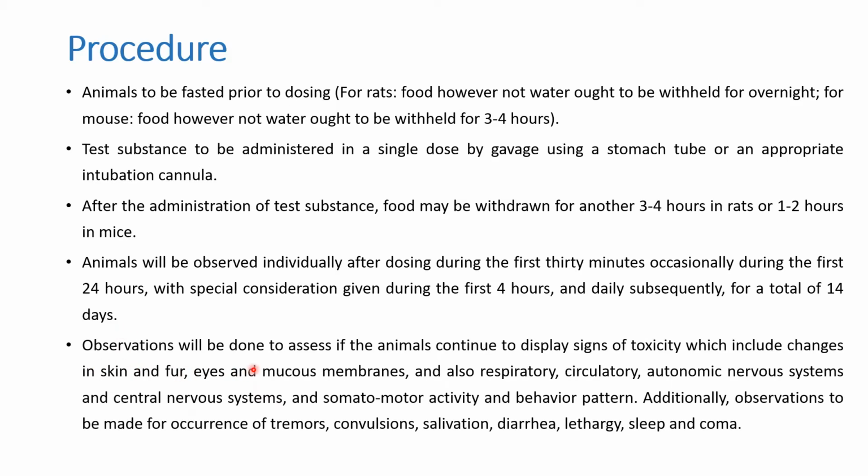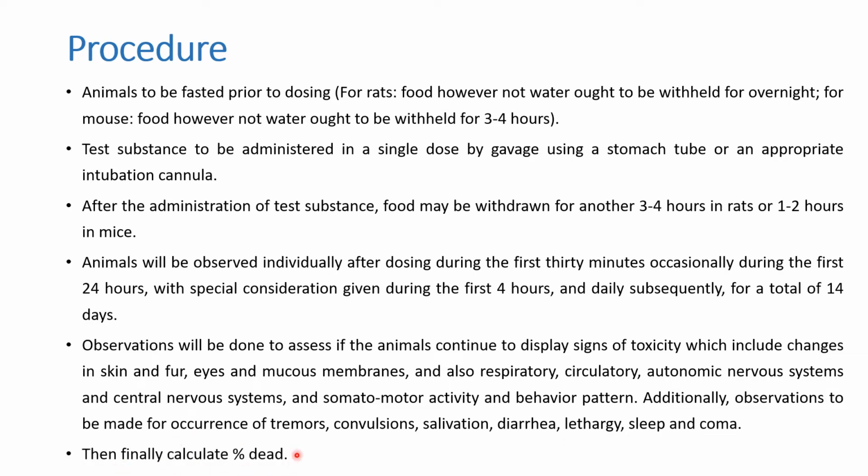Observation will be done to assess if the animal continues to display signs of toxicity, which include change in color and fur, eye and mucous membrane, and also respiratory, circulatory, autonomic nervous system and central nervous system, and somatic motor activity and behavioral pattern. Additionally, observation is to be made for the occurrence of tremor, convulsion, salivation, diarrhea, lethargy, sleep and coma.